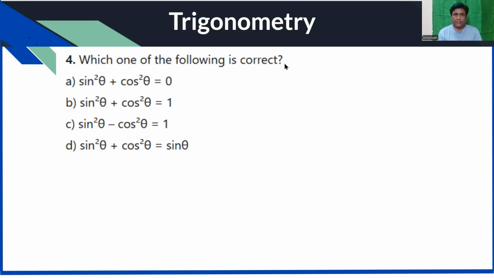Excellent. It is B. We have proved also, no? Sin square theta plus cos square theta is 1.